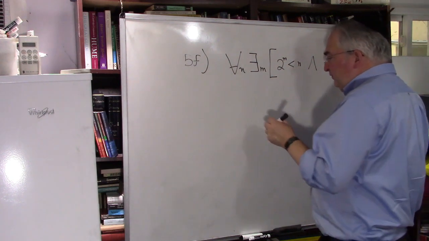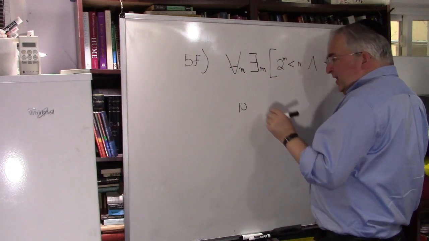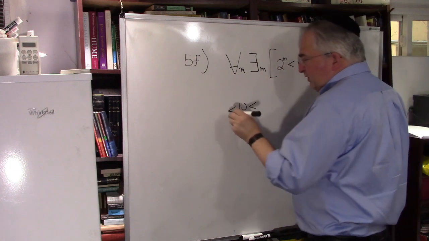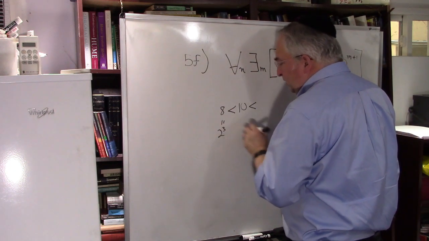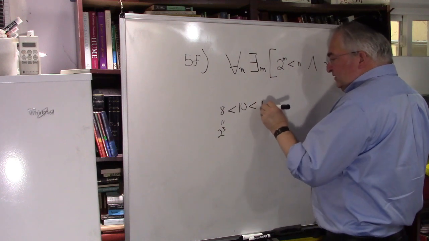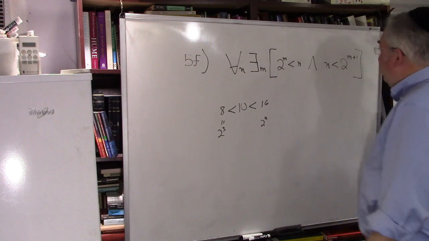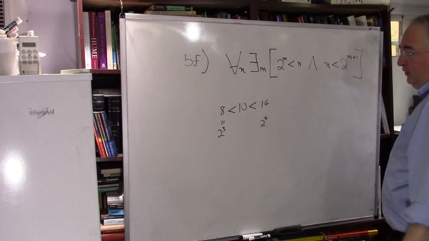Take the number 10. 10 is between the following two powers: 8, which is 2 to the third, and 16, which is 2 to the fourth. So the number 10 is between these two powers.